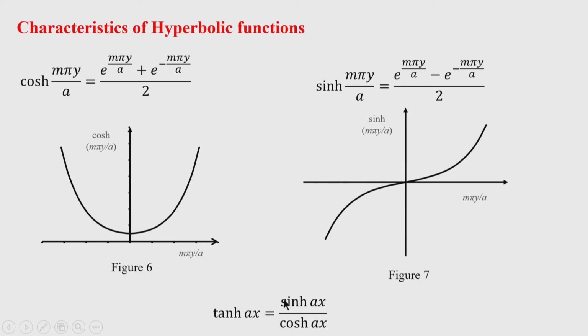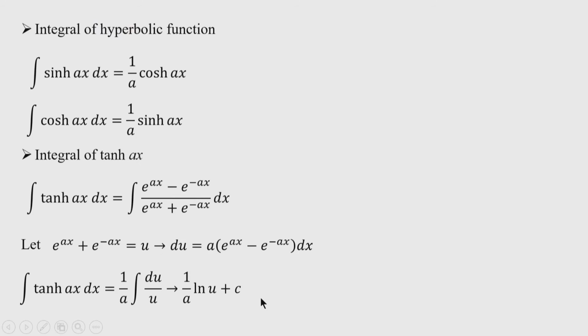Tanh(ax) is just like the trigonometric quantity, sinh(ax) over cosh(ax). We will be using several times the integration and derivative of sinh and cosh, so you must be familiar with that.